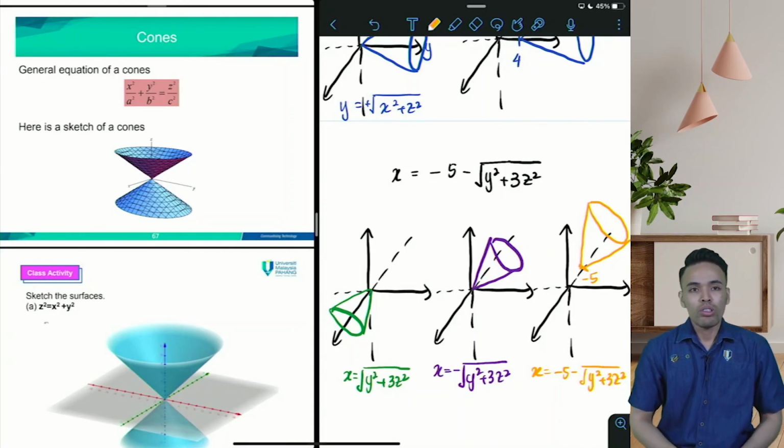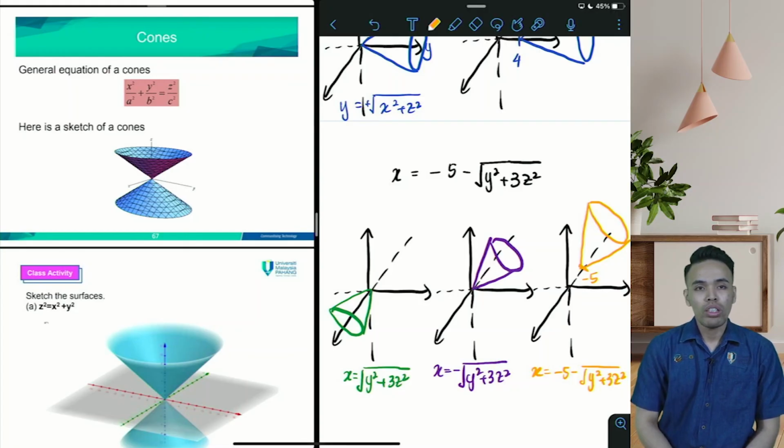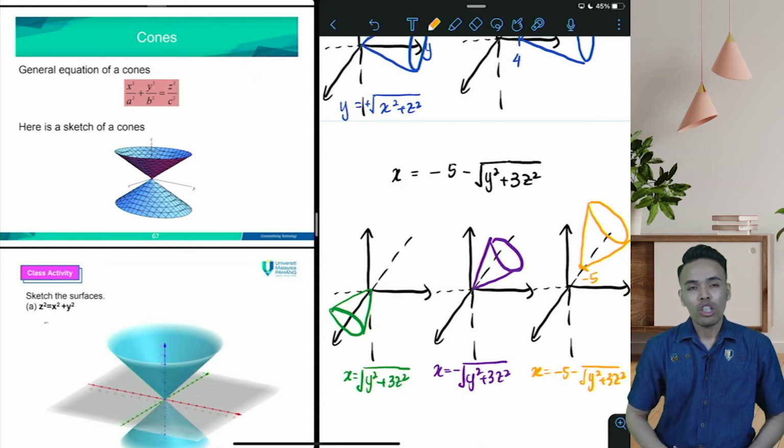Alright, so I believe that's all for quadric surfaces of 3 variables. As mentioned earlier, we do have a few example exercises, practices, and class activities in the slide presentation. If you do a lot of exercises, by right, it will trigger your mind on how to sketch the surfaces in the 3-dimensional coordinate system.